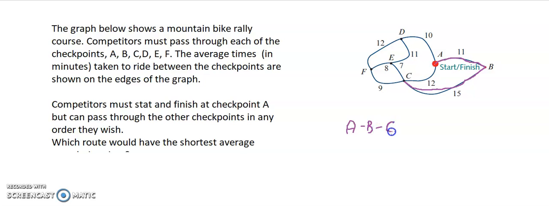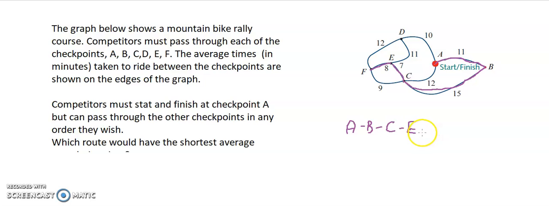and going to C. When I get to C, I can either take a path that is 9, or I can take the path that has got 7 minutes. I'm going to take this 7-minute path because it's shorter. So that gets me to E. Likewise, I need to make sure I go to F and D, and the shortest path is 8.